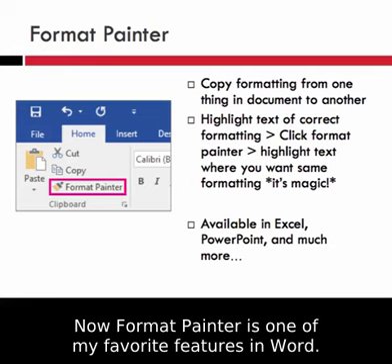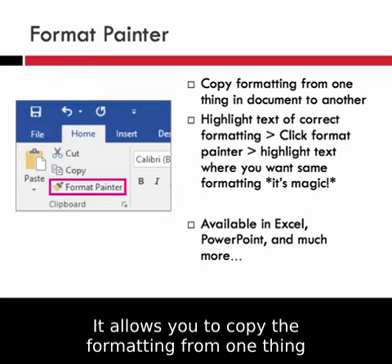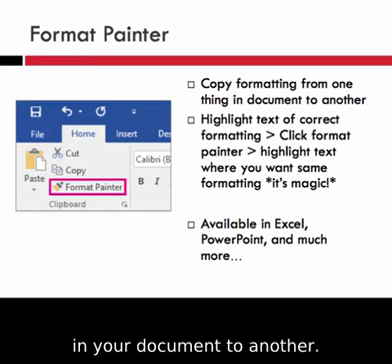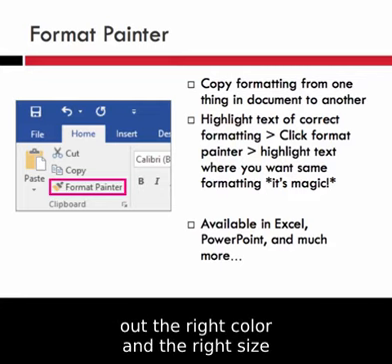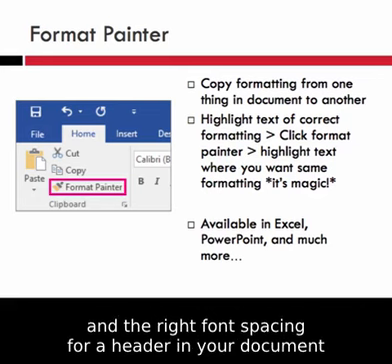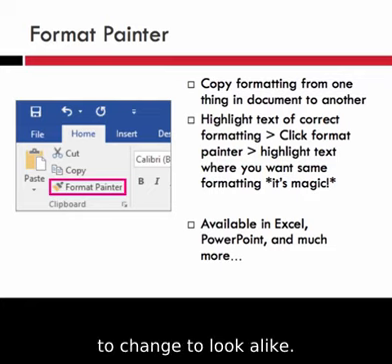Now, Format Painter is one of my favorite features in Word. It was very magical when I first learned about it. It allows you to copy the formatting from one thing in your document to another. So let's say that you're working hard to figure out the right color and the right size and the right font spacing for a header in your document. And you have multiple headers that you need to change to look alike.